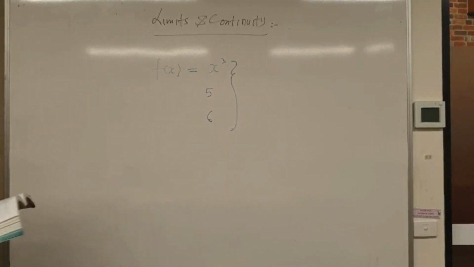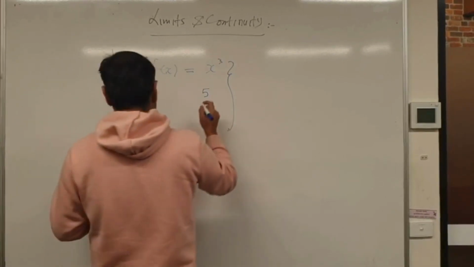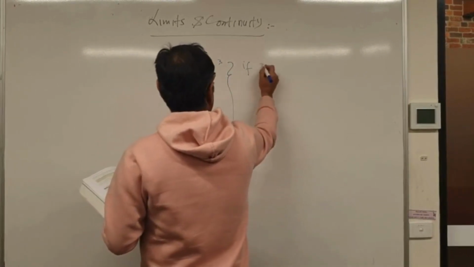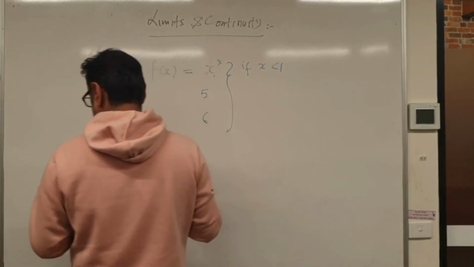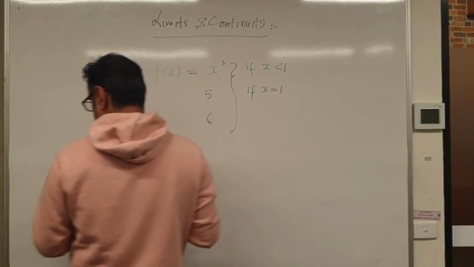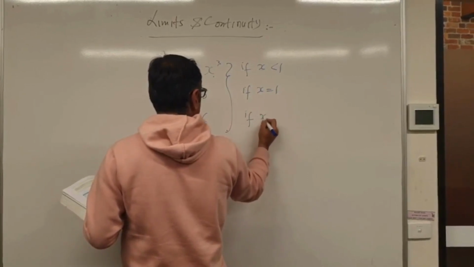Your f of x can take 3 different values depending upon 3 different conditions. So I'm writing the conditions now. If x is less than 1, if x equals 1, and if x is greater than 1.